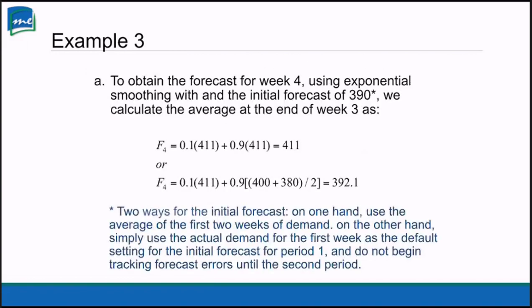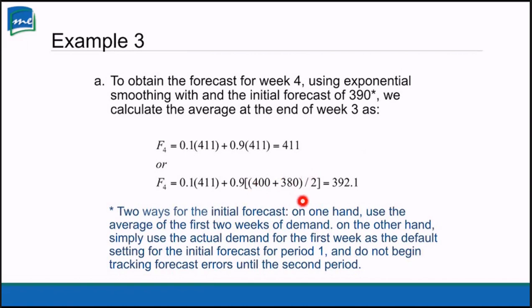There are in general 2 ways. On one hand, use the average of the first 2 weeks of demand as the forecast for week 3. For this specific problem, because we already know the actual demand for week 1 and week 2, we just use a simple average for these 2 weeks as the forecast number for week 3. We use 300, the actual patient arrivals in week 1, and 380, the actual demand in week 2.